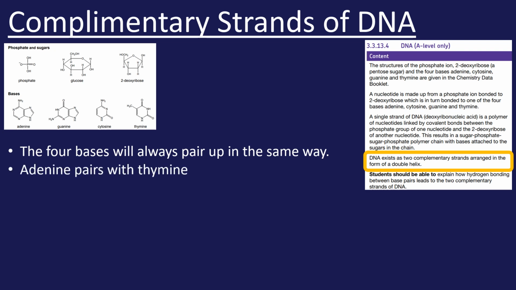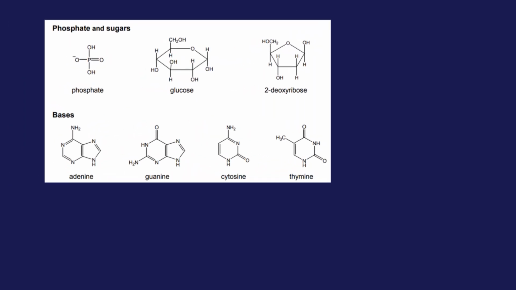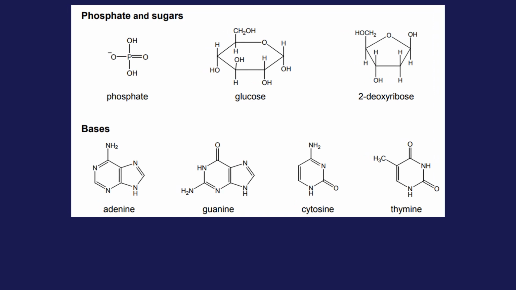So adenine always pairs with thymine, and guanine always pairs with cytosine. The easiest way to do this, and I worked this out last year and I was really proud of myself, is what it looks like in your data sheet.